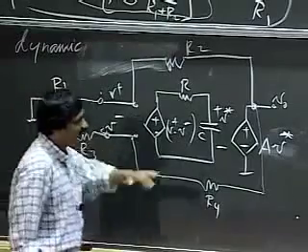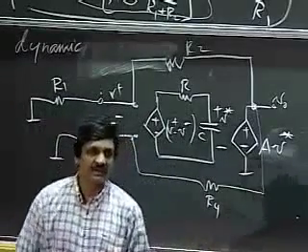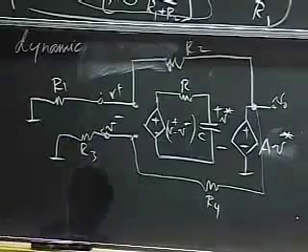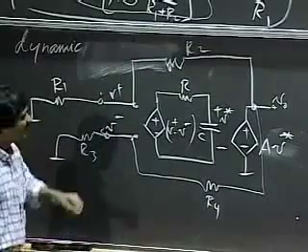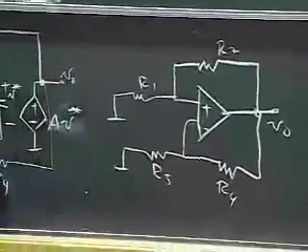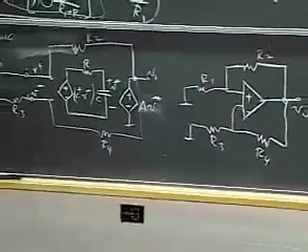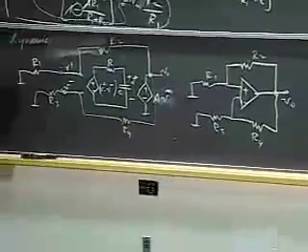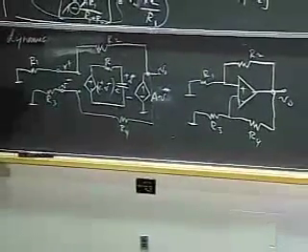The math is going to be just a little bit grubby, but the result is actually pretty spectacular. All I've done is replace the op-amp with its internal circuit out here, and now we're going to take a look at what happens to op-amp dynamics when there is a small perturbation.